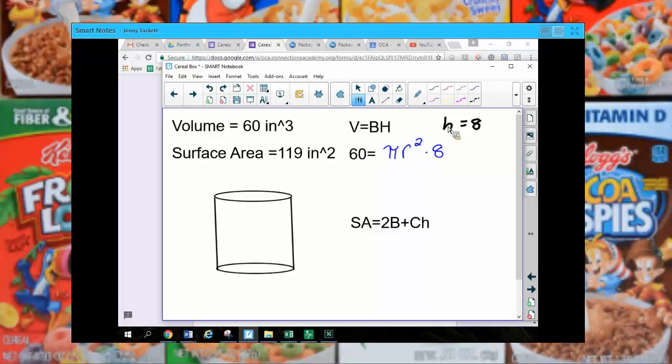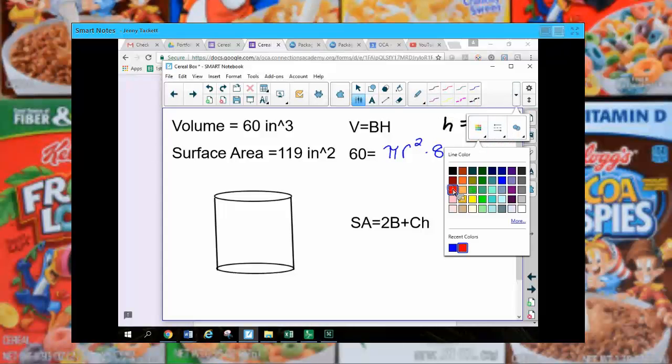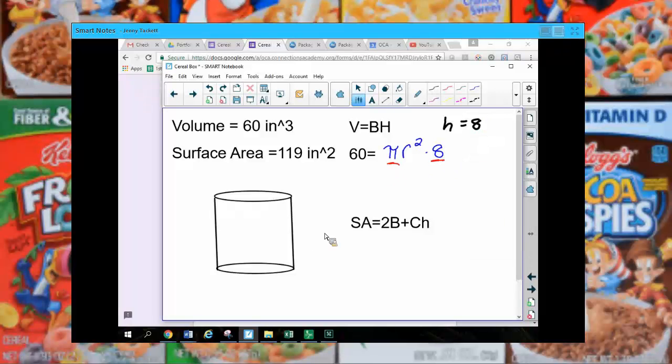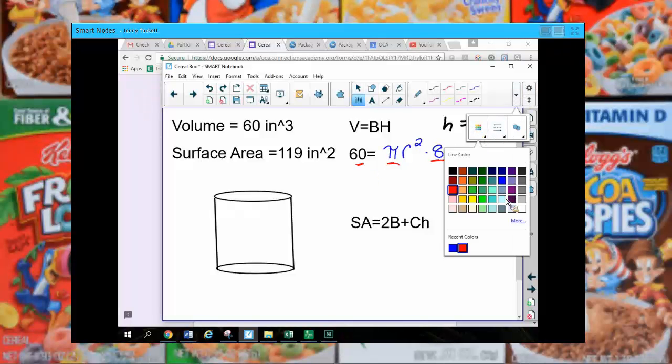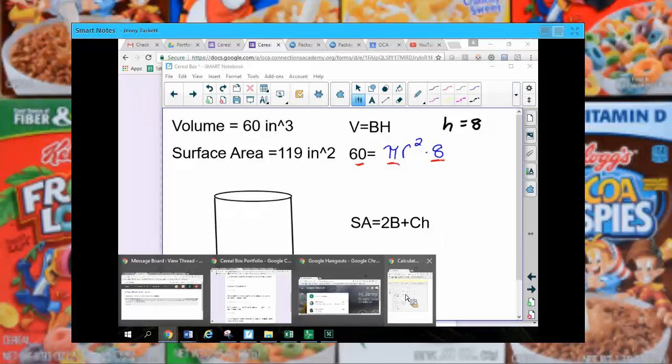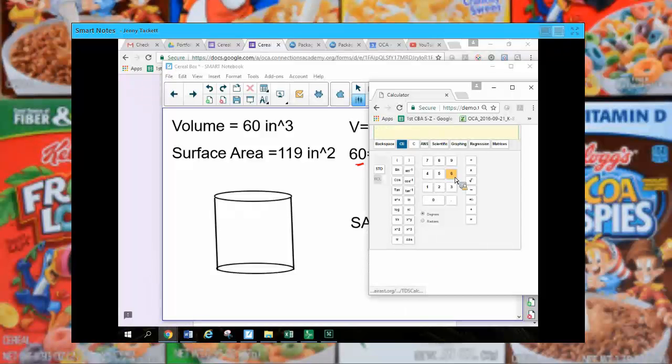Now with the 60, to find r squared, I can divide by the product of pi and 8, dividing 60 by pi times 8 equals 2.38. Now that's r squared.